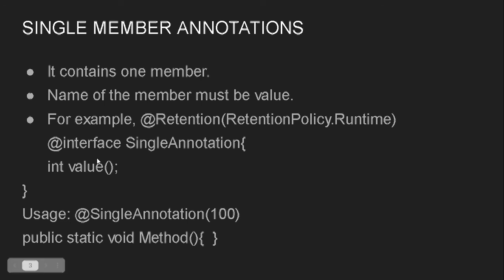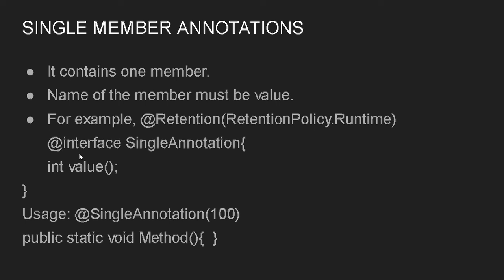One thing you need to remember is that if you don't name the member value, this statement is not going to work. If you name the member anything else apart from value, then you need to write @SingleAnnotation, then in brackets the member name equals 100. We will be exploring all those things when we use the IDE.